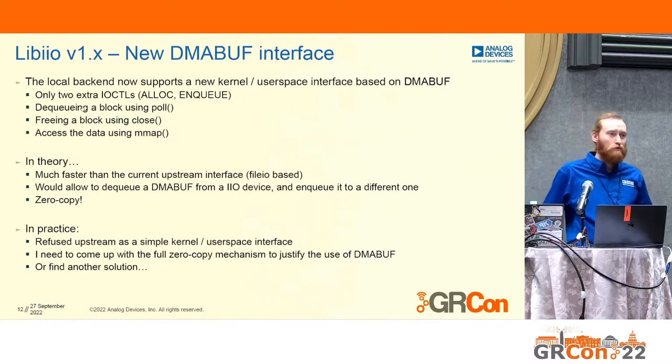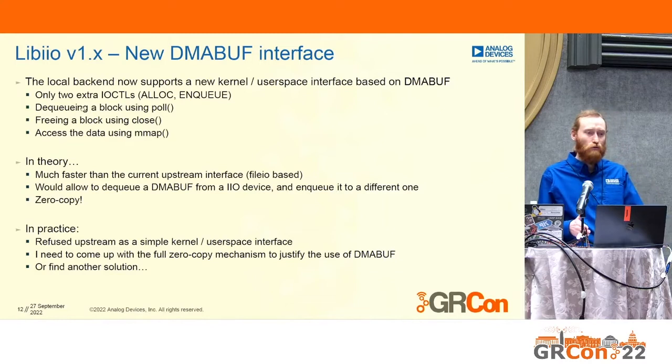If we focus just on the local backend and the interface between user space and kernel space, the interface that is upstream in the Linux kernel is pretty slow. It's based on file descriptors that you read and write, and reading and writing file descriptors means copying data with the CPU, so it's pretty slow.